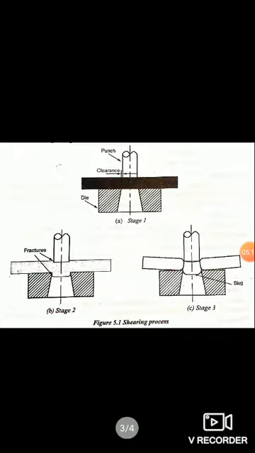Let us consider the shearing operation. Here we can see three figures: stage 1, stage 2, and stage 3. First, refer to figure A. In figure A, we can see that a workpiece, that is the sheet metal, is placed between the punch and the die, and a clearance is provided.